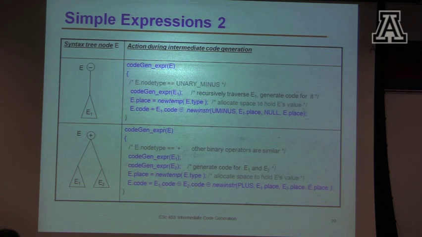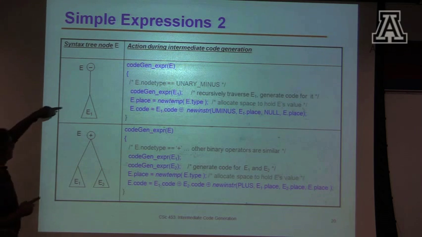That means that when I start doing final code generation, that temp will be assigned some memory location. That memory location is where the value of that expression will live. If it's an identifier, then that identifier has a symbol table entry. It will be assigned a location when we start doing final code generation. At runtime, that location is where the value of that identifier will live.